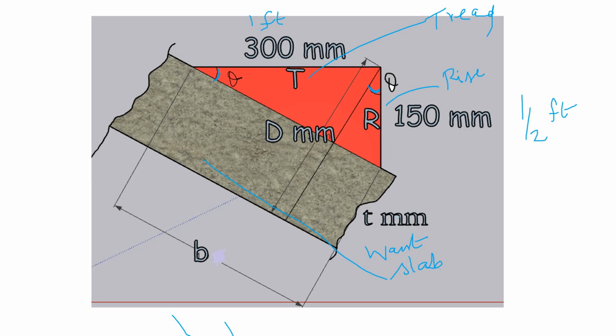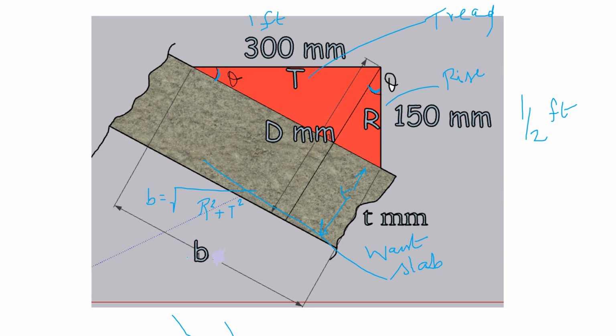Now this t millimeter is the thickness of the waste slab. Now what is b? You can calculate the width of the staircase as square root of r square plus t square.